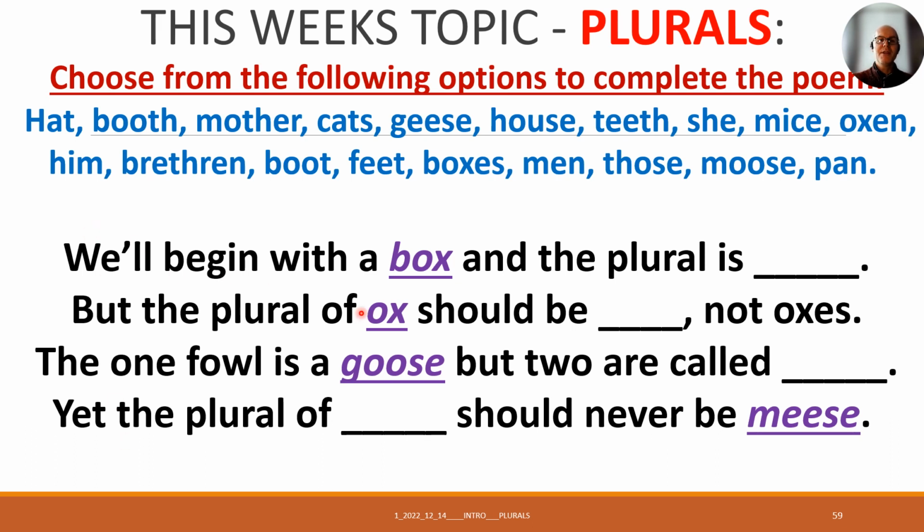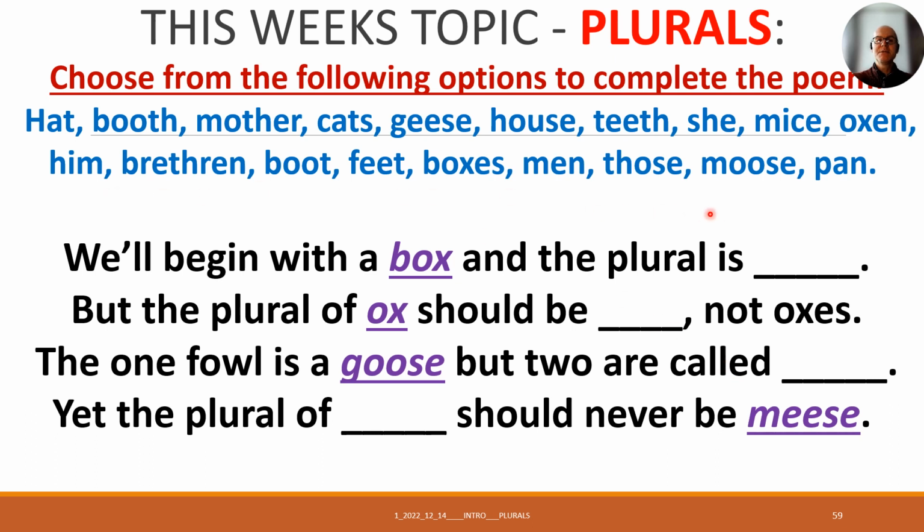We'll begin with a box, and the plural is one of these words, but the plural of ox should be blank, not oxes. One fowl is a goose, but two are called blank, yet the plural of blank should never be meese.